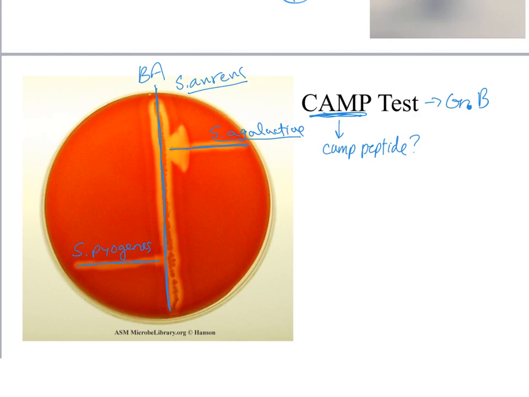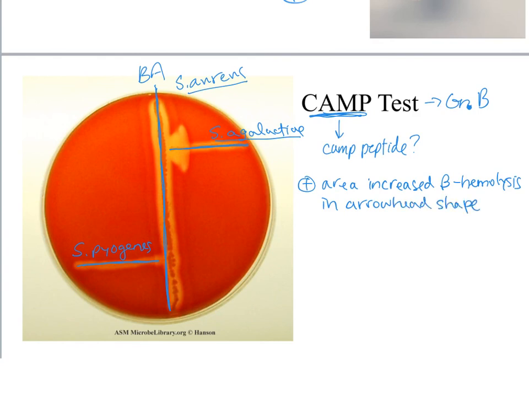And then after you incubate, for a positive result, you're looking for an area of increased beta hemolysis or enhanced beta hemolysis. And it's got to be in this arrowhead shape.